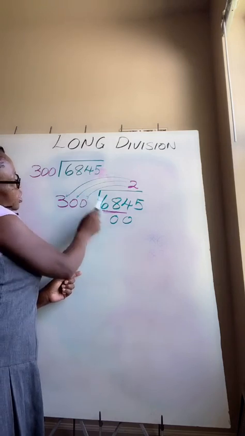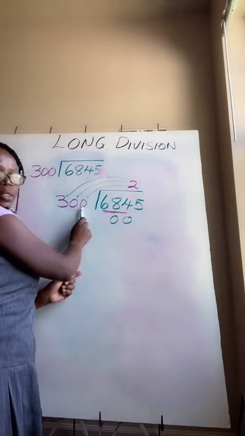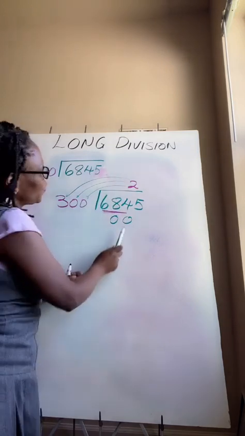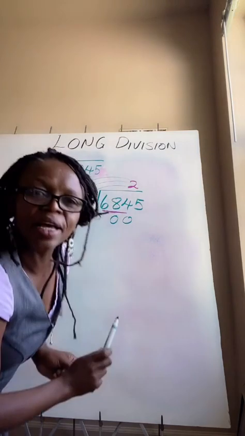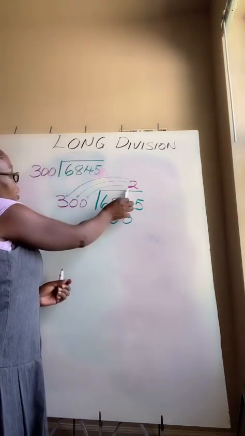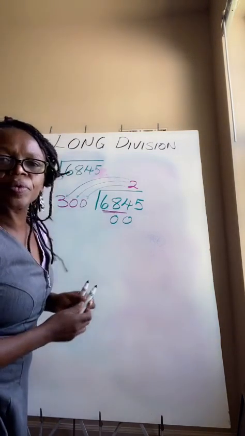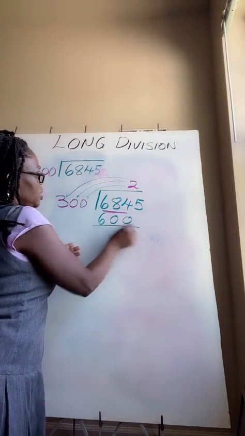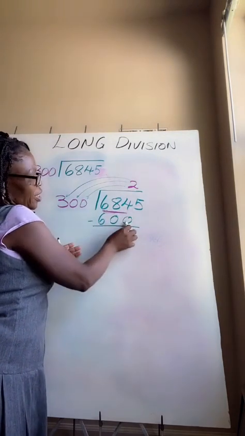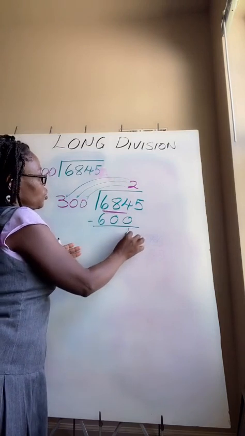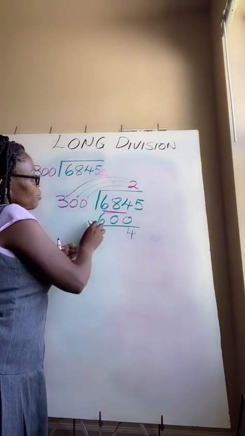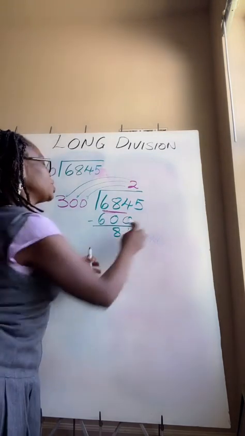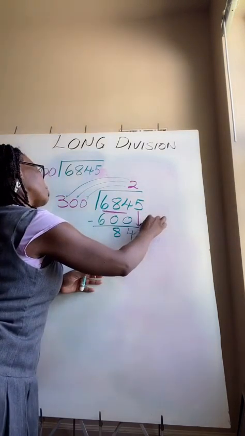I started first here. 2 times 0 is this 0. 2 times the second 0. And now we're going to say 2 times 3. You said that's 6. We subtract. 4 minus 0, you have 4. 8 minus 0, that's 8. Now we bring down the 5.